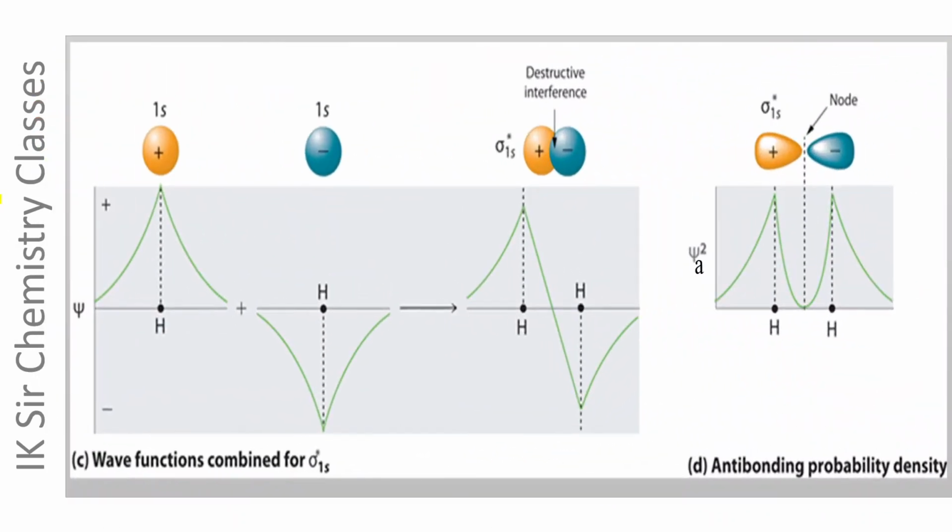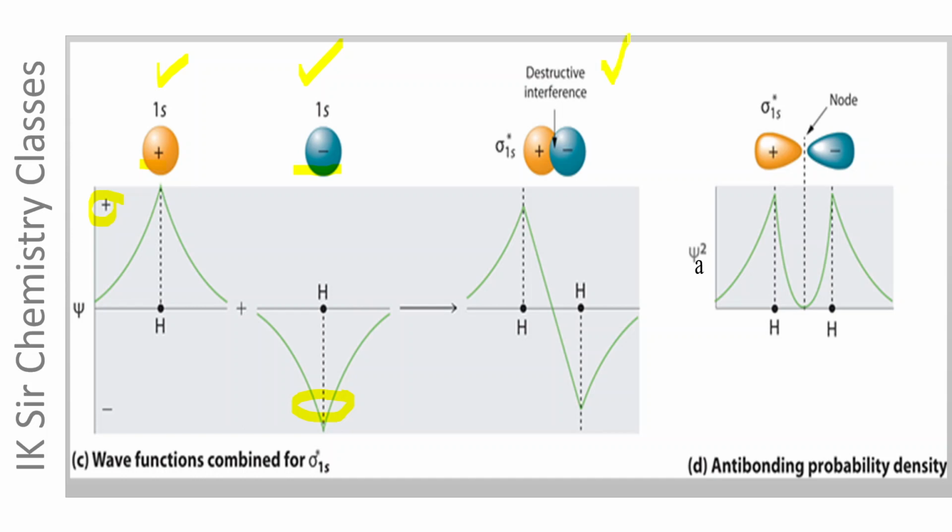On the other hand, in this case, two 1s atomic orbitals of two hydrogen atoms have different wave function sign. One has positive wave function sign while the other has negative wave function sign, and destructive interference will take place.